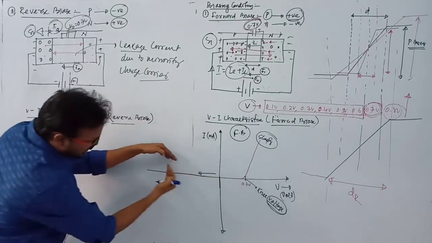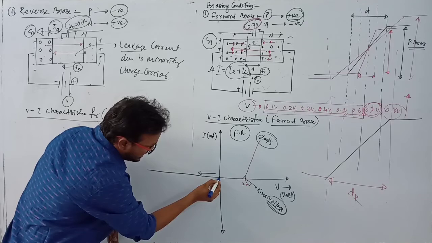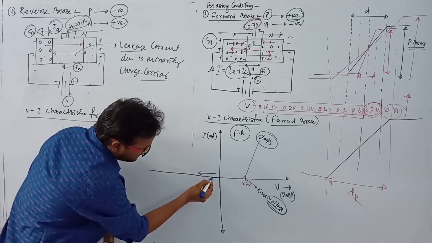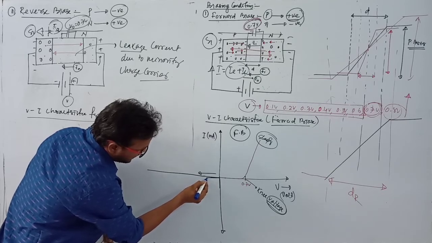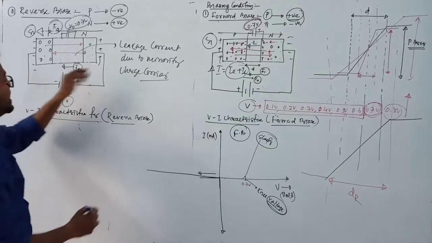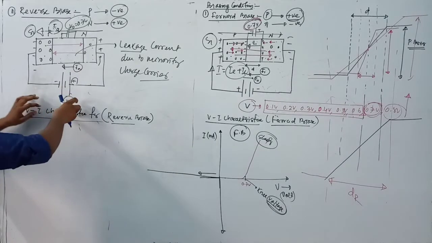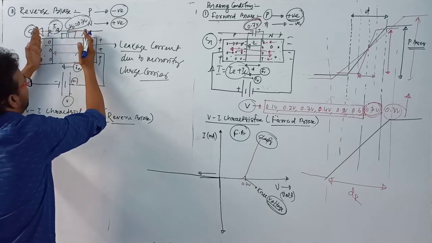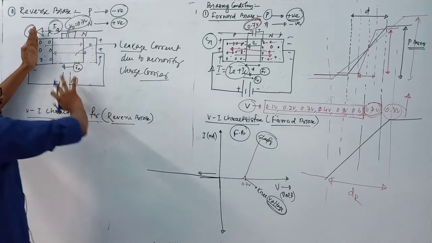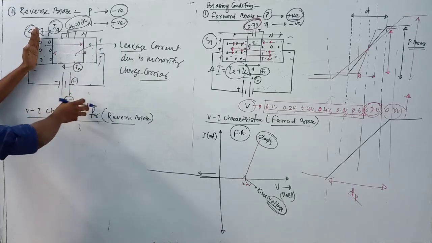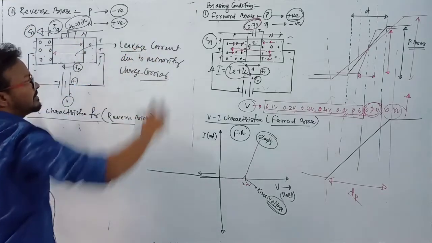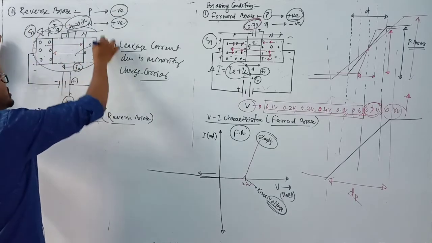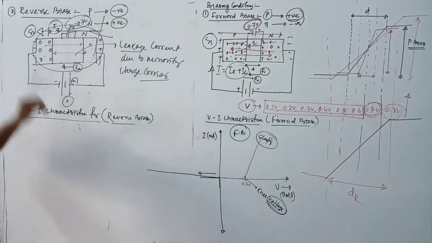So if we increase this potential, then a very small current like this, very small current we will get here up to a certain value, and again we increase this potential. Now this potential barrier or depletion layer increases, and finally comes to this state. And again if we increase this potential, then the depletion layer breaks, means vanishes here. Clear? Depletion layer vanishes means the total PN junction now breaks, it will be damaged.